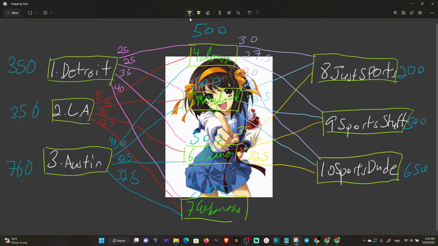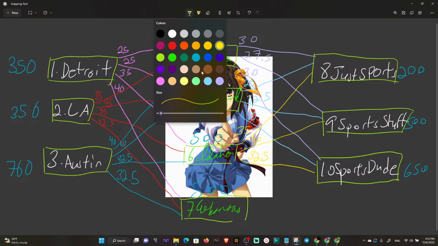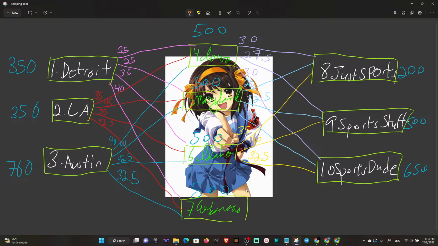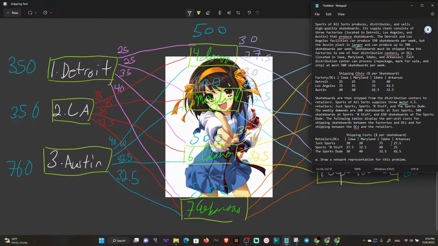And then finally, we're going to use a nice shade of orange for Arkansas to go to just sport. Arkansas will go to sport stuff, and Arkansas will go to sport dude. And those numbers are going to be 27.5, 25, and 42.5.